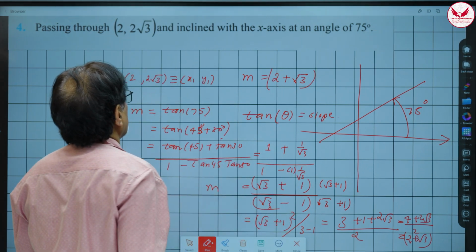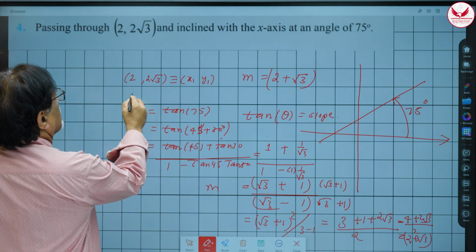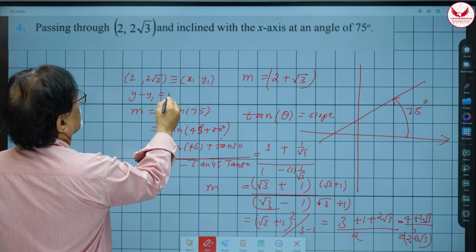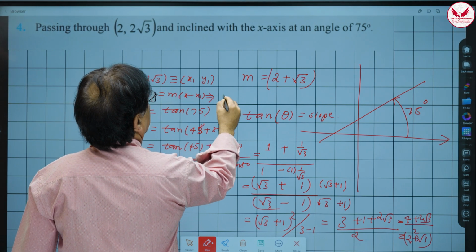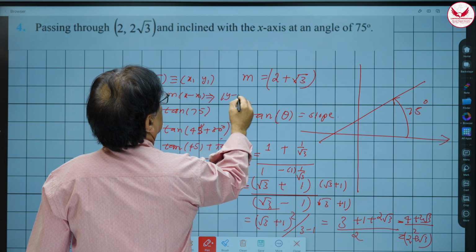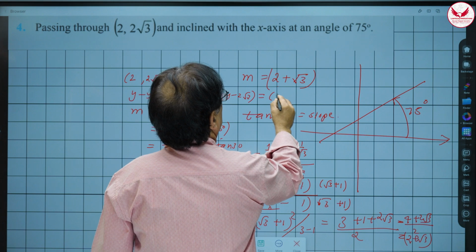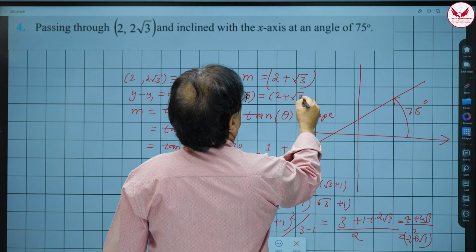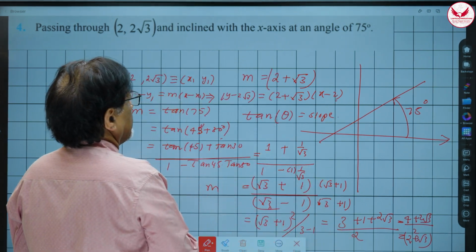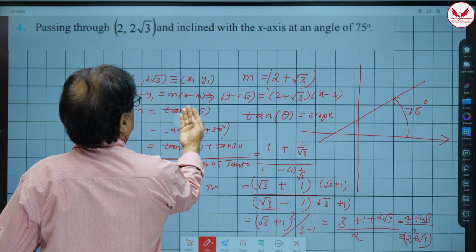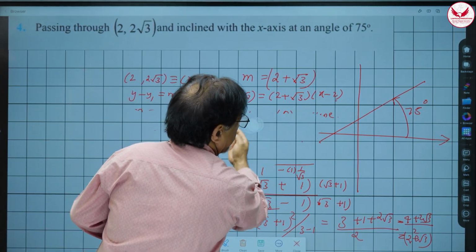Okay. Now this slope and this is the point. All you have to do is y minus y1 is equal to m into x minus x1, which implies y minus 2 root 3 is equal to 2 plus root 3 multiplied by x minus 2. Okay. Now, I'll remove this for the time being because we don't need it. We already done the calculation. So let us remove this thing, correct?